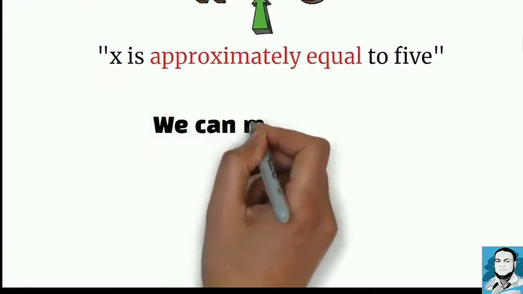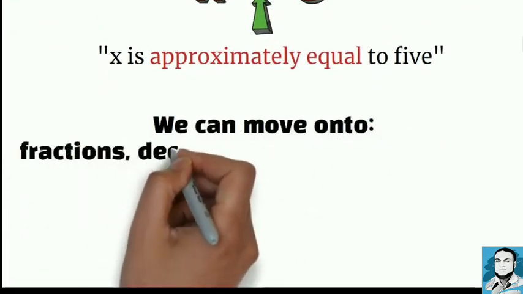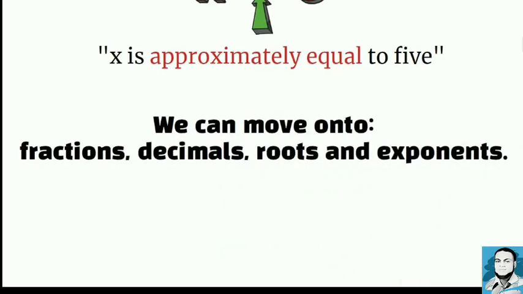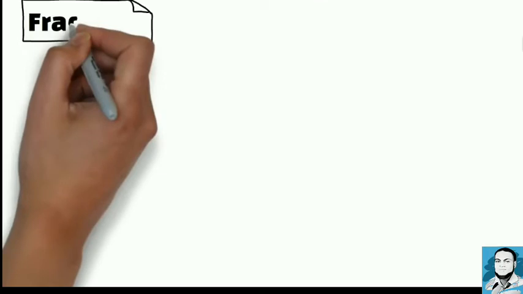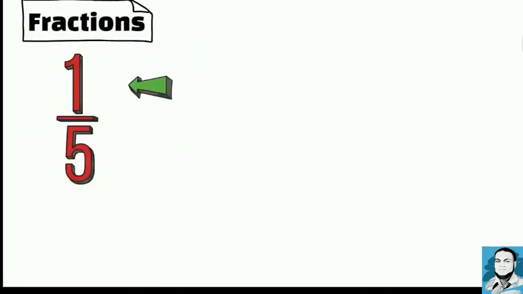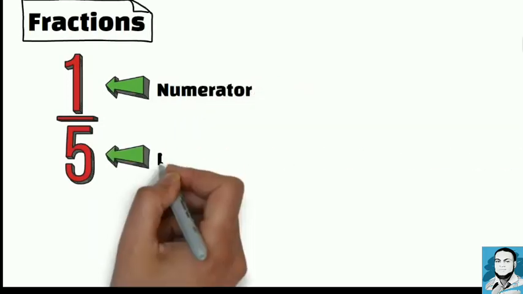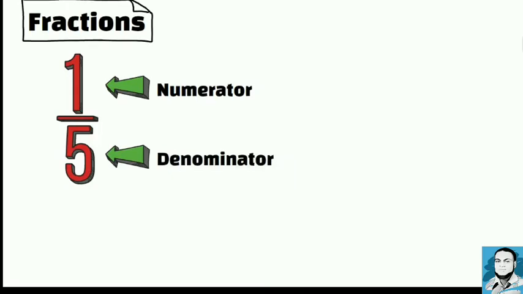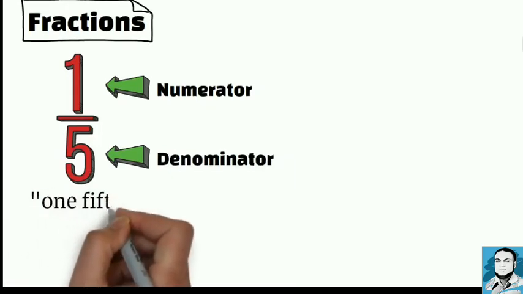Okay, now we can move on to fractions, decimals, roots, and exponents. First, fractions. The number at the top is the numerator, and the number at the bottom is the denominator. We read this fraction as 1/5.